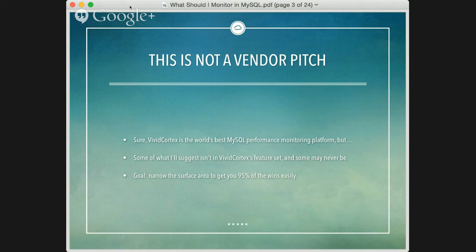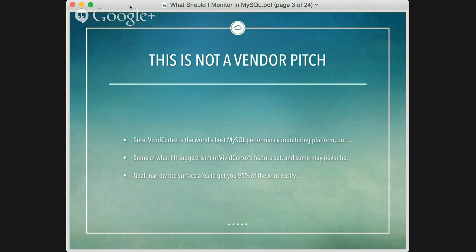Just to set the stage for how I'm going to approach this, this is not a pitch about why VividCortex is the best monitoring solution. Of course I think it is, I founded the company. But seriously, there's a lot of stuff here that VividCortex doesn't do, and some of it might never be provided by VividCortex.